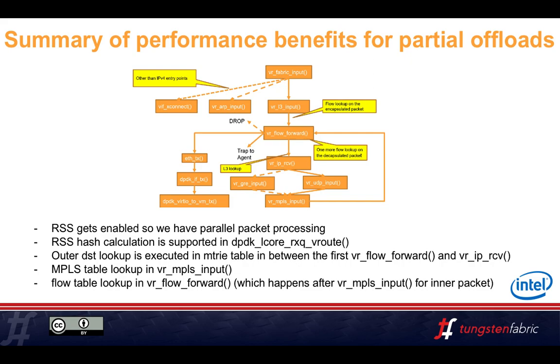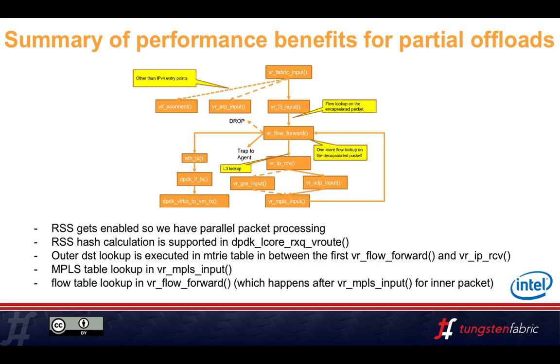RSS is a hash-based function which the NIC can provide as metadata, so software doesn't need to calculate a hash per packet that gets received. It can get it from the NIC straight away as part of the descriptor. And the outer destination lookup, which is in the mtrie table, in those two functions, VR flow forward and VR IP received, can also be skipped in the software.